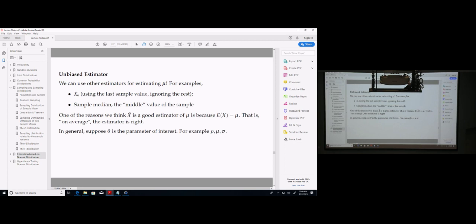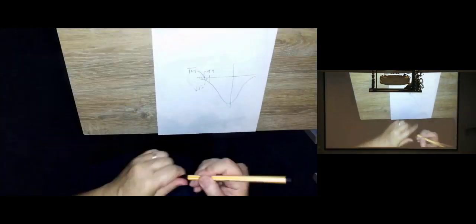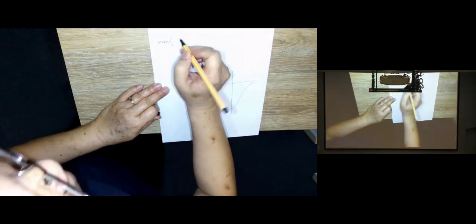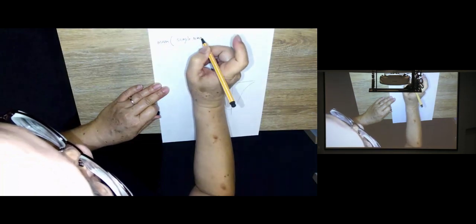And so what it says is that the mean of your sample mean is equal to the population mean. It's a mouthful here. So let me just write it down. So the mean of the sample mean equals the population mean.